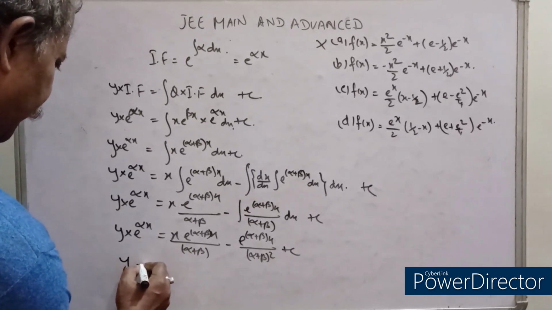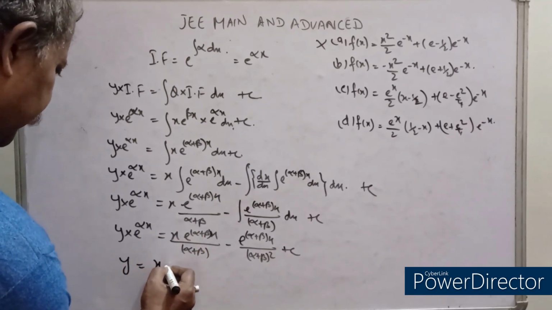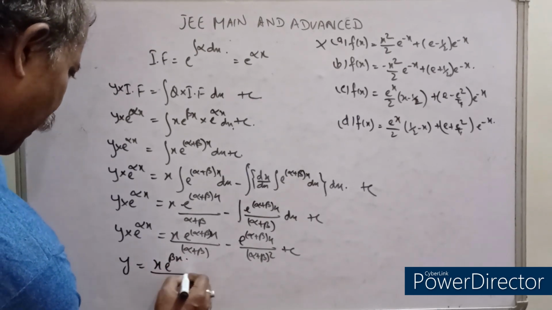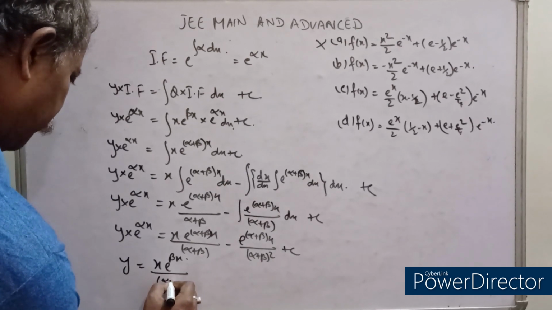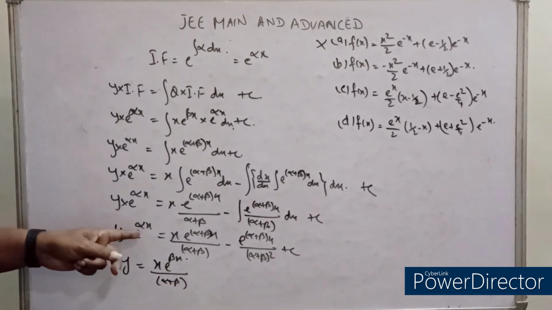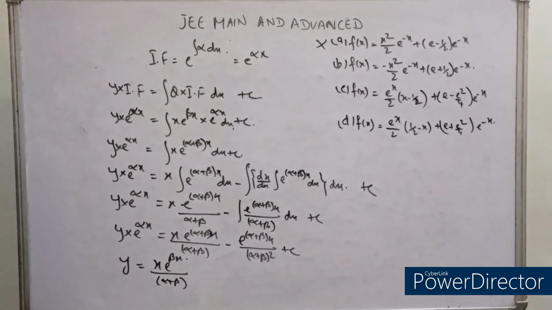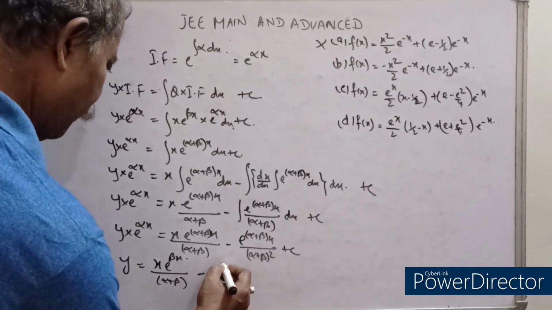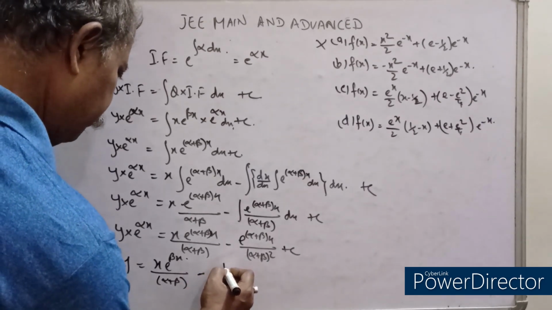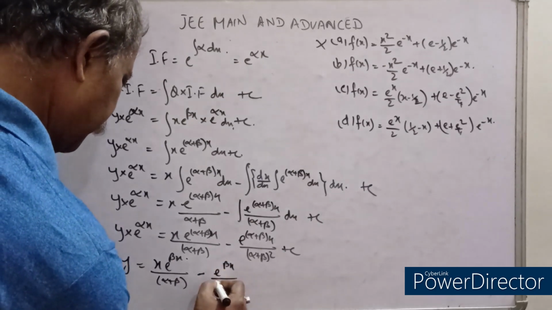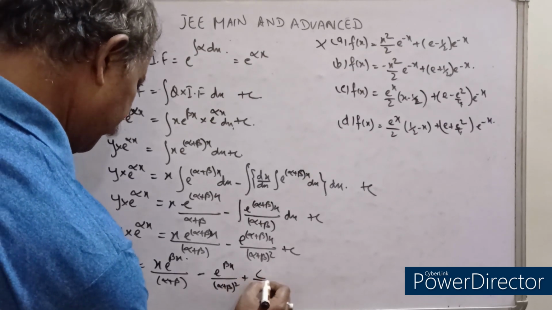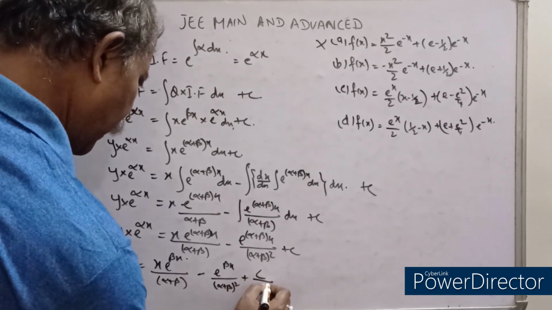That is, your y is equal to x e to the power of beta x by alpha plus beta, because when this gets divided, this cancels out, and minus e to the power of beta x divided by (alpha plus beta) the whole square, plus c by e to the power of alpha x.